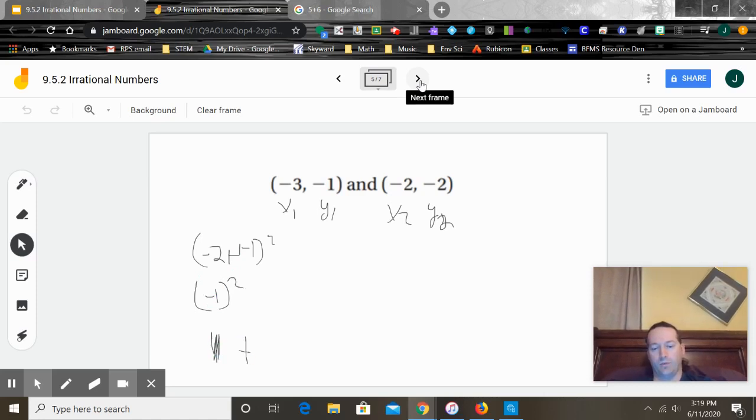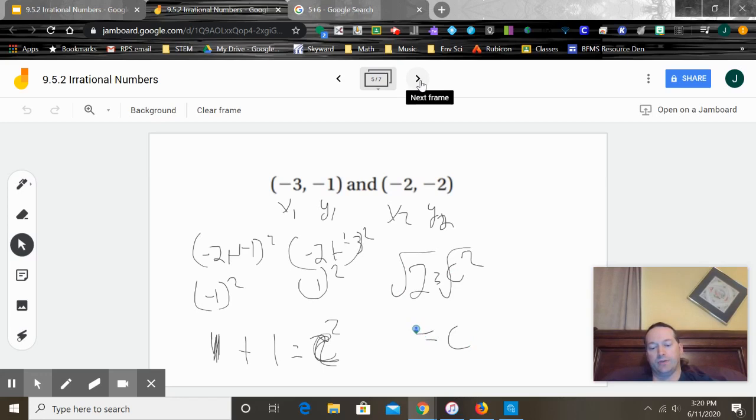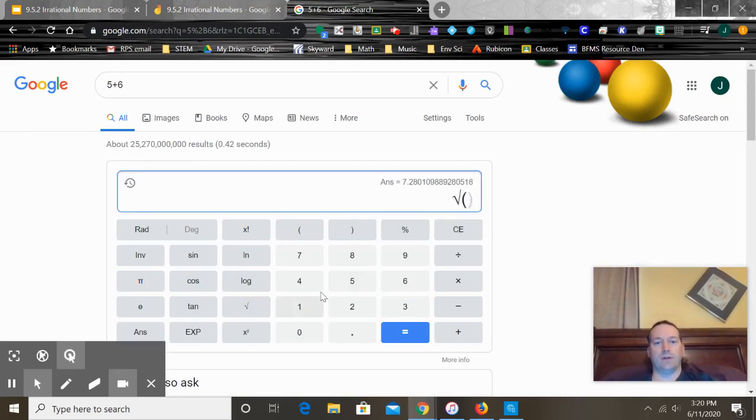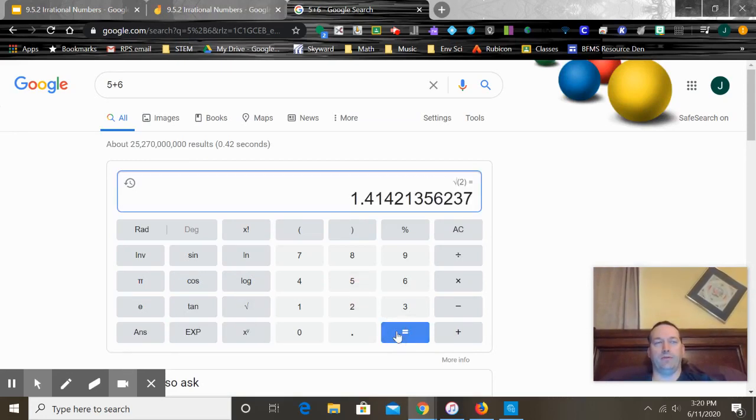Now we do x2 minus x1: negative 2 minus negative 3, that whole thing squared, which is 1 squared, or 1. Add those up and that equals 2. I'm sorry, that equals c squared. So 2 equals c squared. Take the square root of both sides. C is the square root of 2, which is about 1.4. And just to prove it to you, the square root of 2 is 1.4142, so about 1.4.